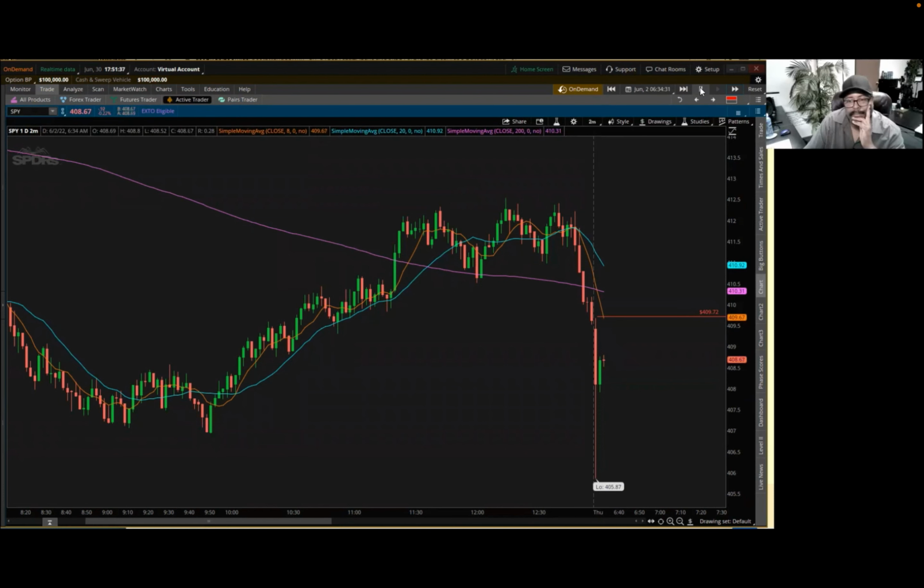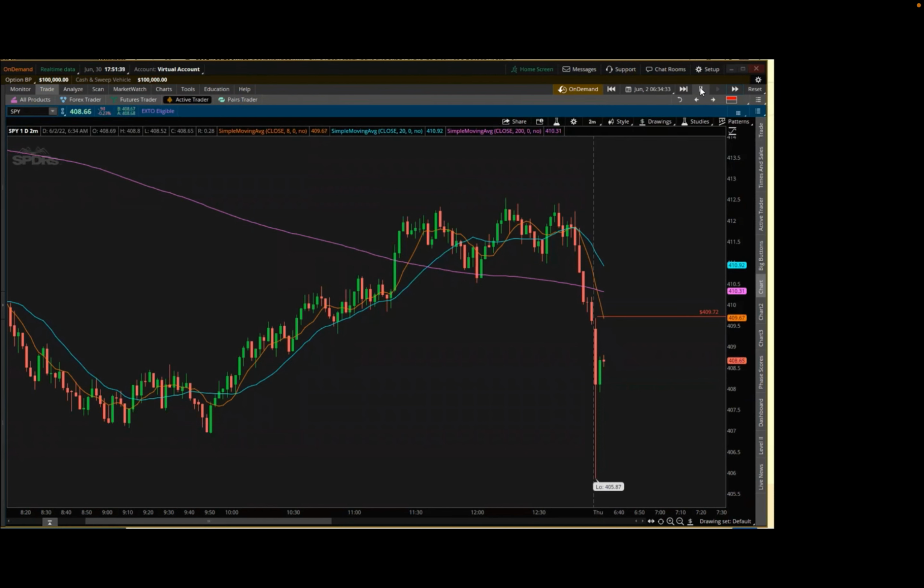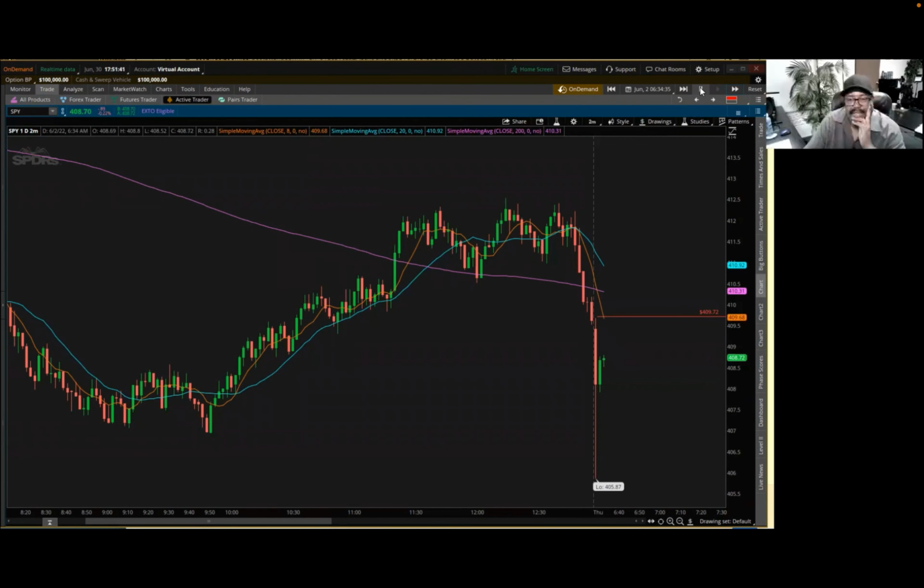Not yet, but it's building. I'm saying it's moving in that direction. So let's see what happens here. We're going to get stopped out.